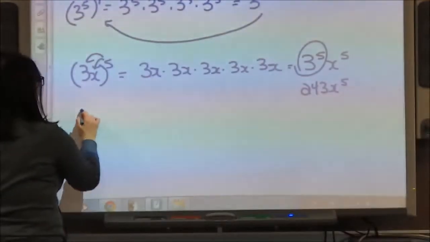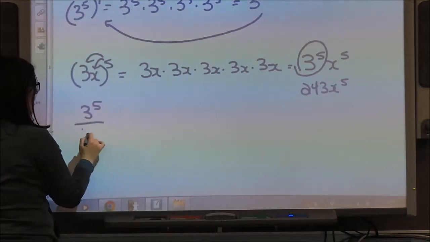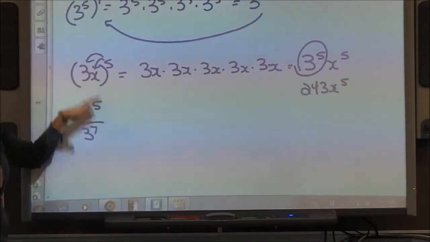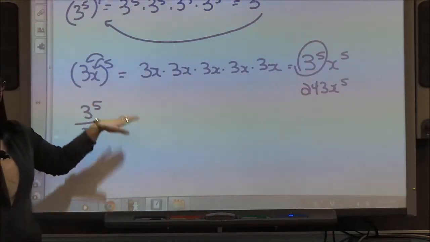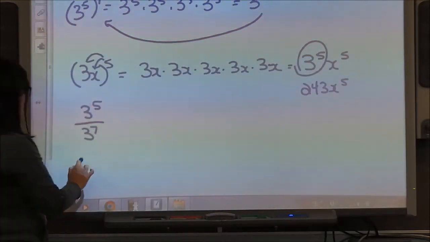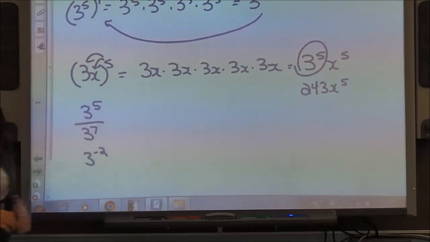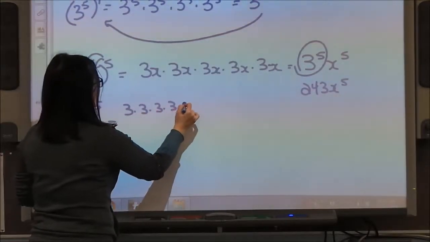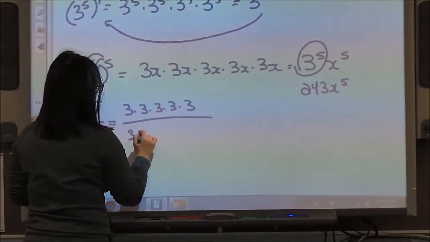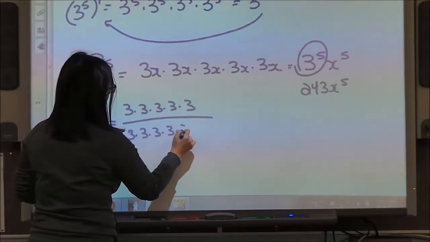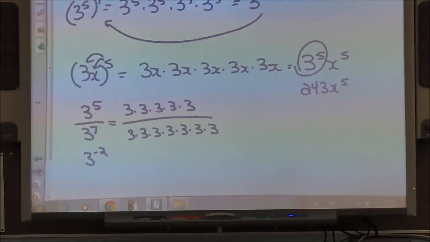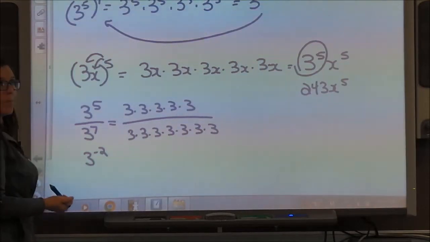If I had something like 3 to the power of 5 divided by 3 to the power of 7, my quotient law says I can subtract these, and that's how we get negative 2. Okay? If I were to expand these out, this is what I get when I expand out my 3's. What's 3 divided by 3?